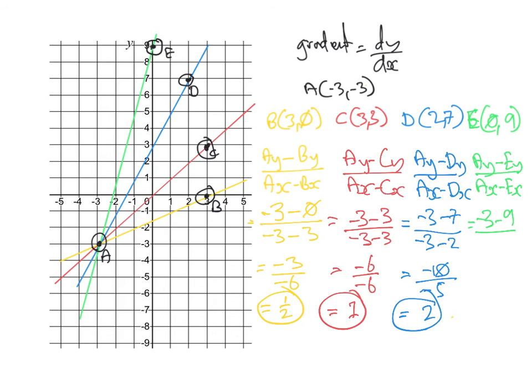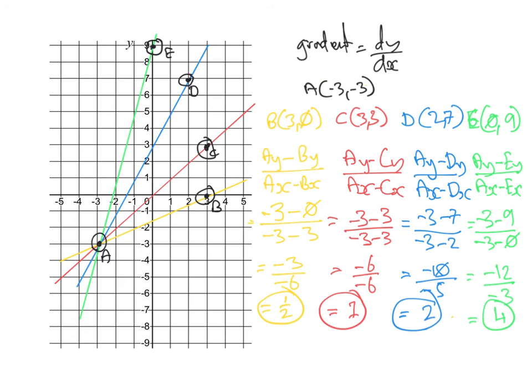The x component of A is negative 3, take away the x component of E, which is 0. And that gives us negative 3 take away 9 is negative 12, over negative 3 take away 0 is negative 3. And that gives us a gradient of positive 4. And that's what we've got: a line segment that is steeper than all the rest, and its gradient is a bigger number than the rest. They're all positive because they're all sloping up.